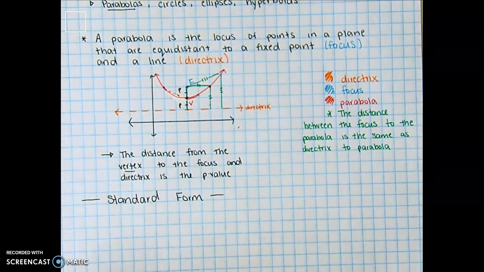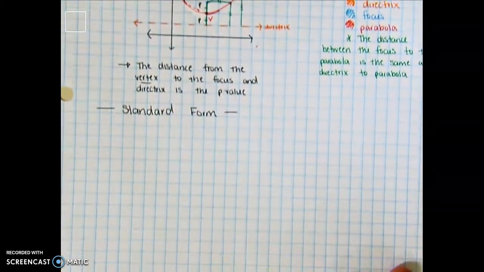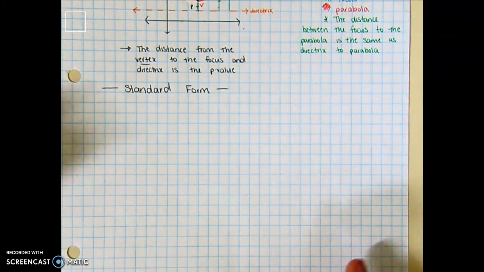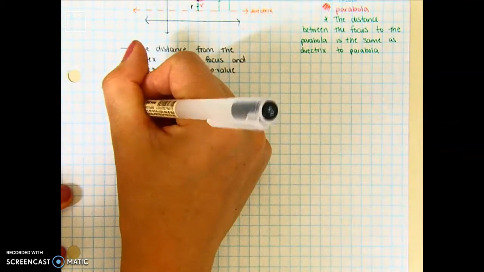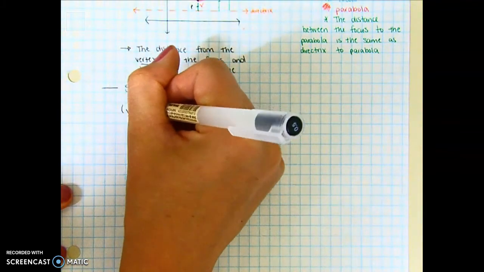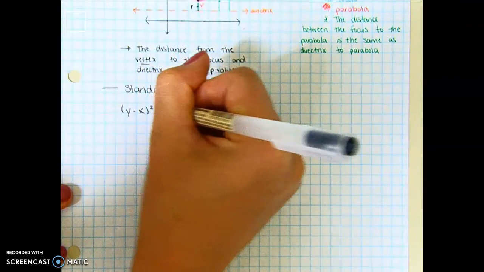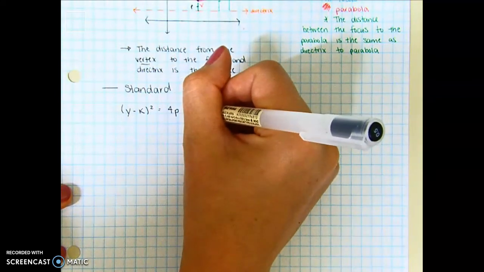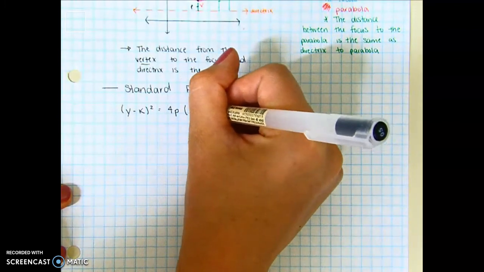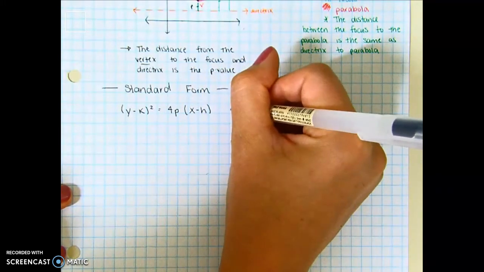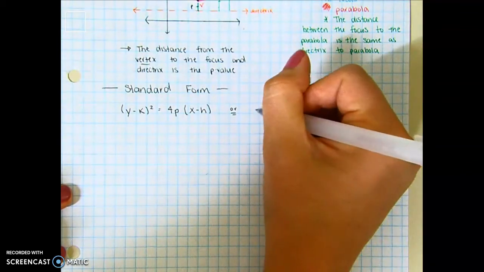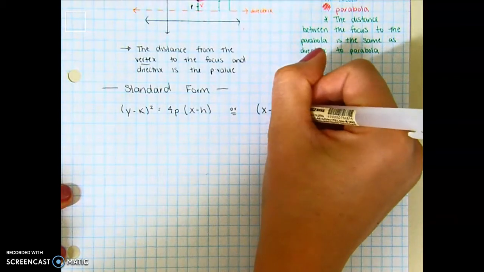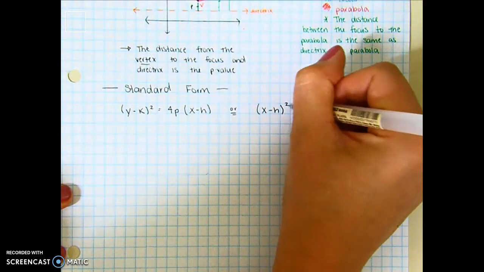So let's introduce standard form of the equation. Standard form for the equation of a parabola, there are two because parabolas can face two different ways. There's y minus k squared equals 4 times the p-value, in parentheses, times x minus h. Or, incredibly similar, the only difference is instead of y minus k being squared, we could have x minus h being squared.